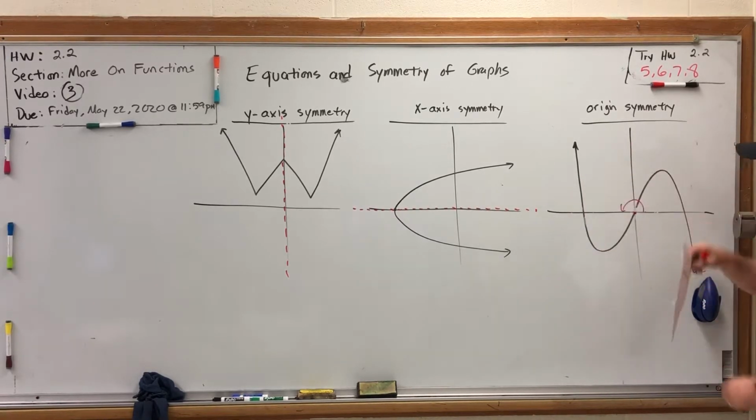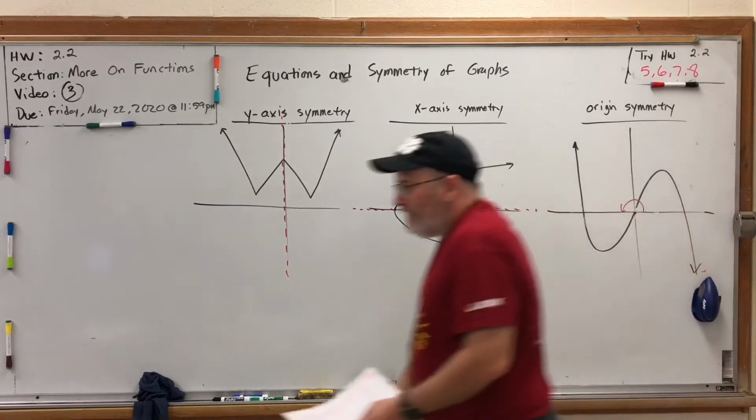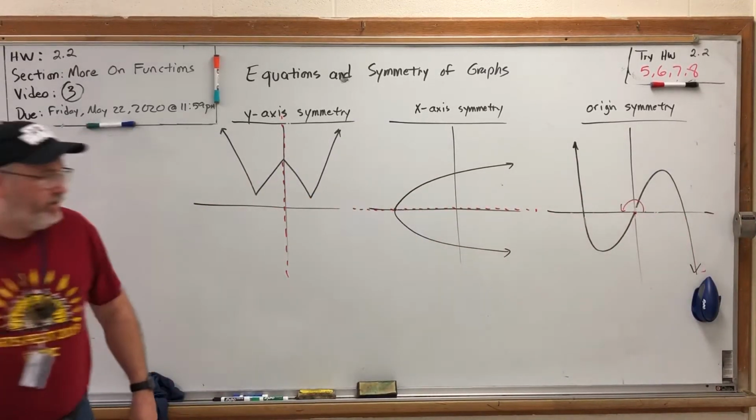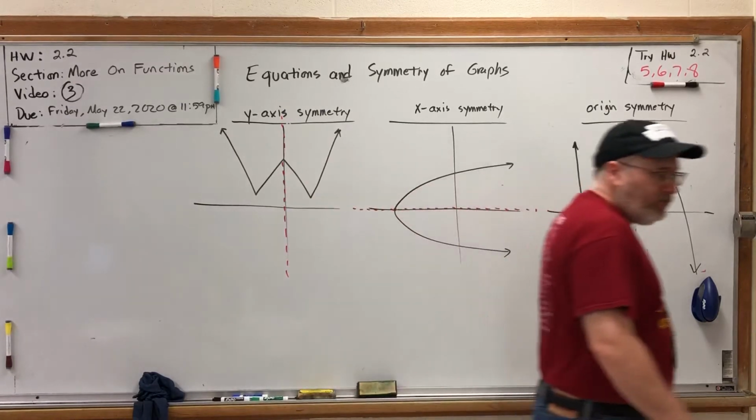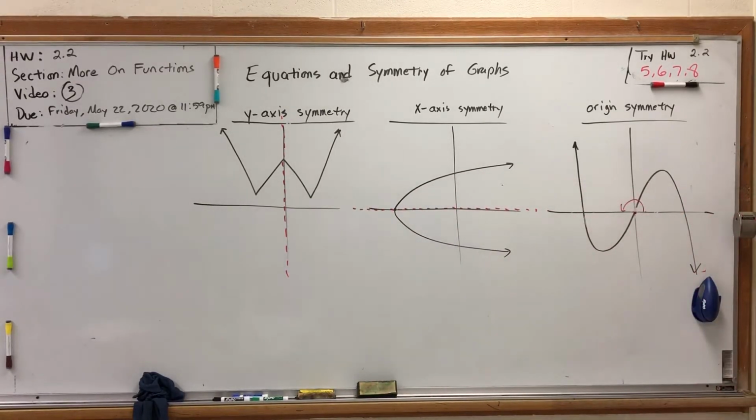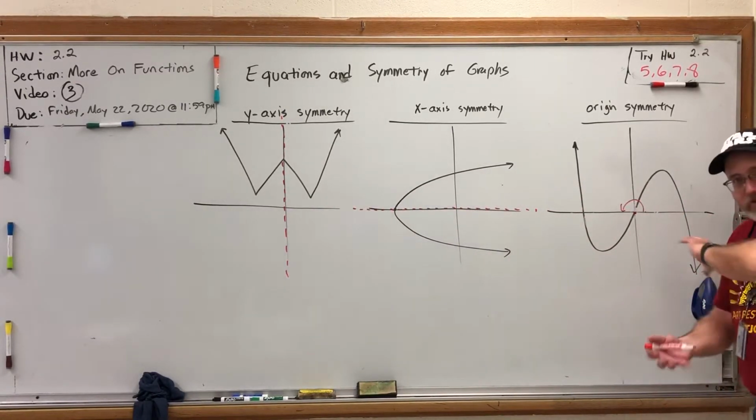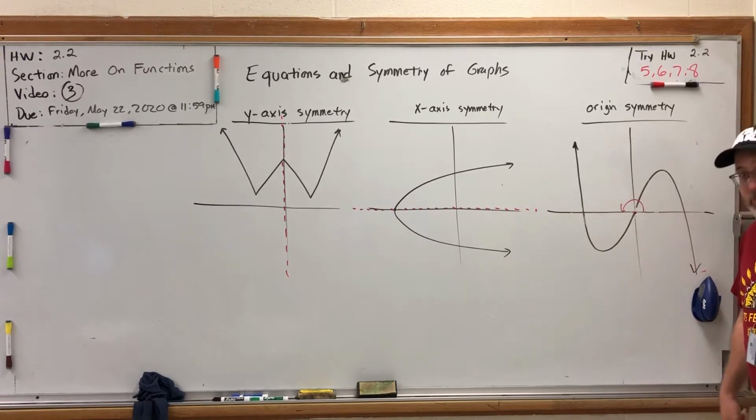Not drawn perfectly, but I think you get the idea. And vice versa, the left half of the graph, if you rotate it 180 degrees, will match the right half of the graph. Another way of thinking about origin symmetry is if you turn the entire picture upside down, it's still the same. So these are the 3 types of symmetries we're going to be exploring.